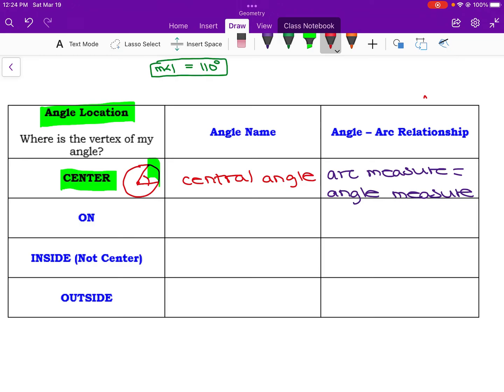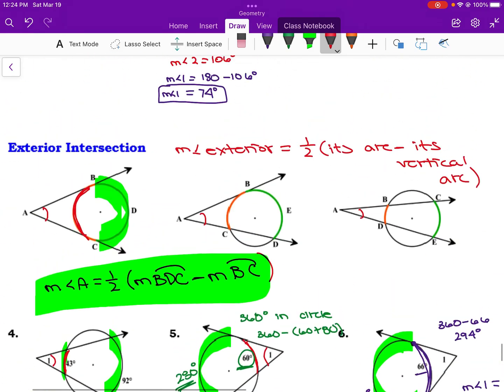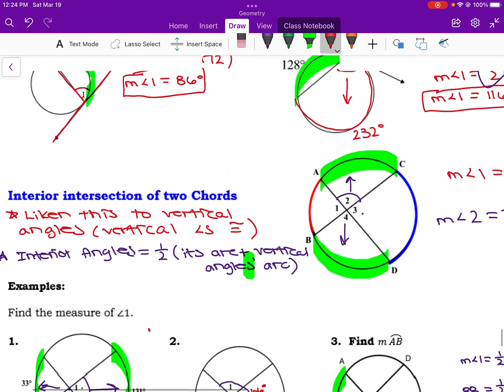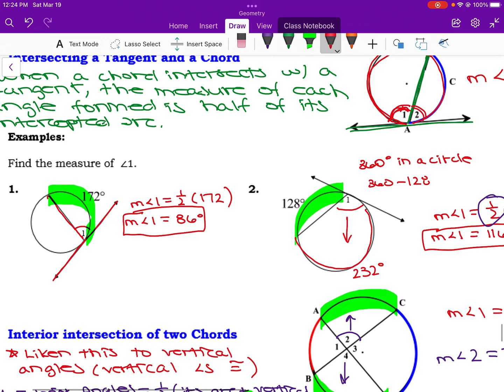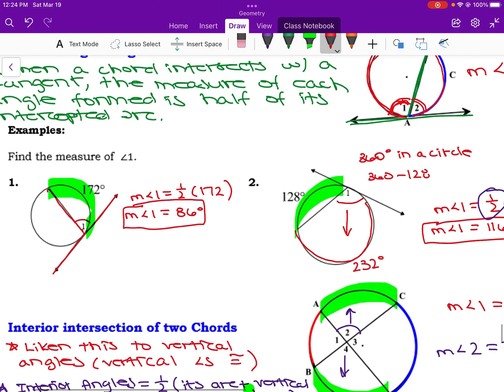It's kind of vague, isn't it? If it's on the circle, is what that should say. So if we have our circle and there's an angle on it, that's what we were doing in this first scenario here, right?